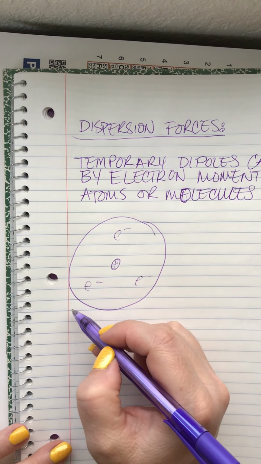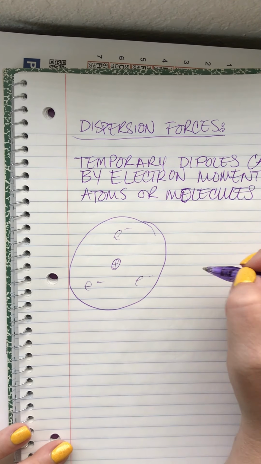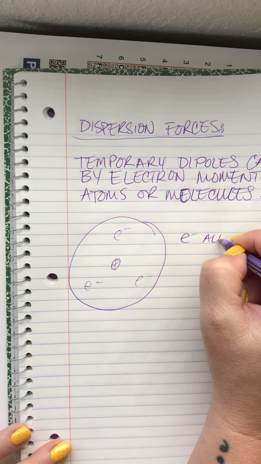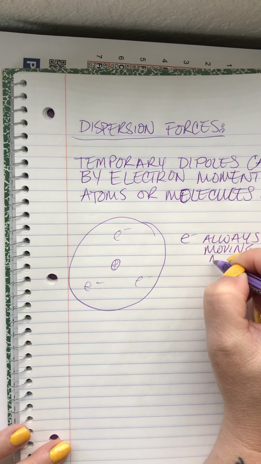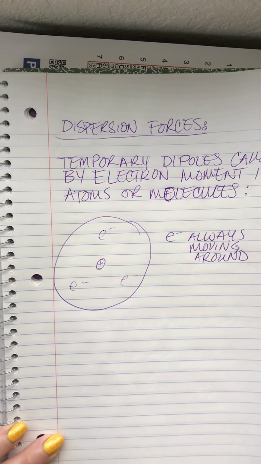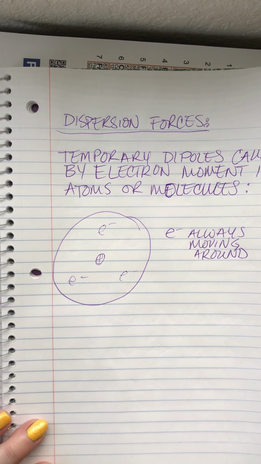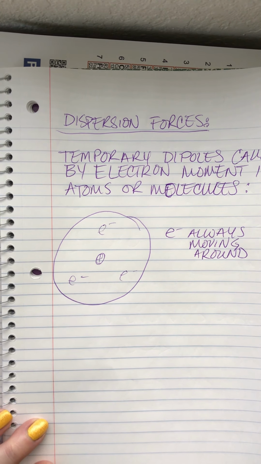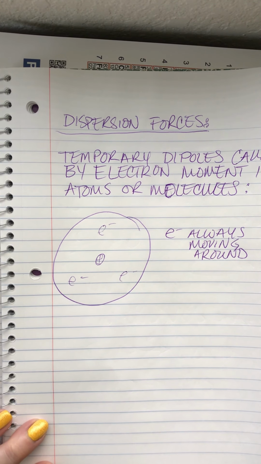But we know that these electrons are not standing still. They're always moving around. So what you're talking about with nonpolar is a lack of separation of charges.